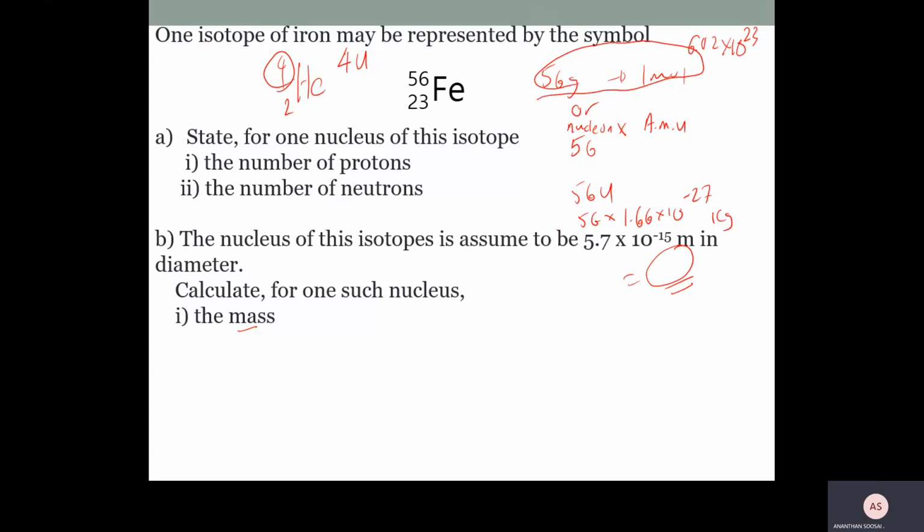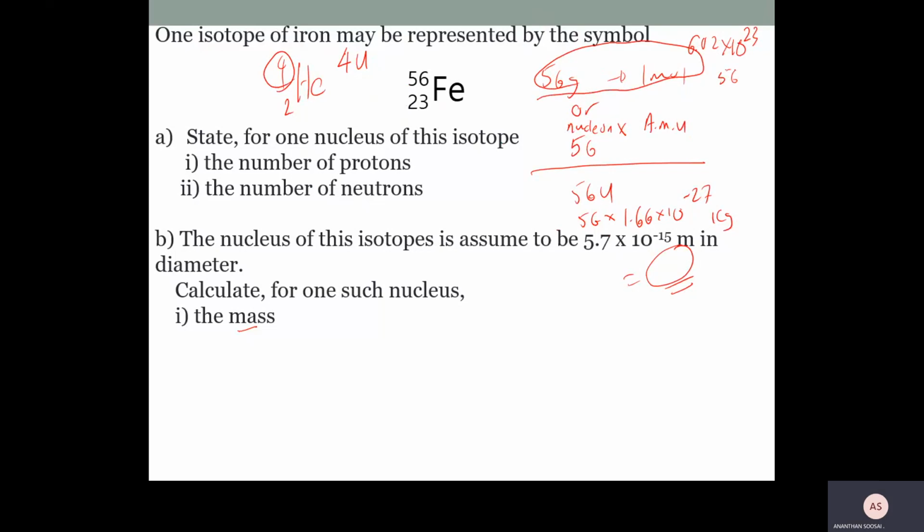How much do you get? The same number but different power. Oh yeah, one is kilogram, another one is gram. Different by 3. Oh yeah, 1 gram, 1 kilogram. 56 gram divided by Avogadro constant, you get in gram. 56 times the atomic mass unit, which is in kilogram, you get kilogram.